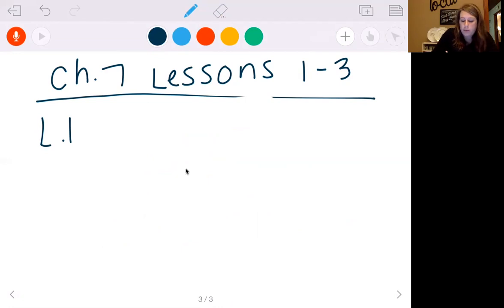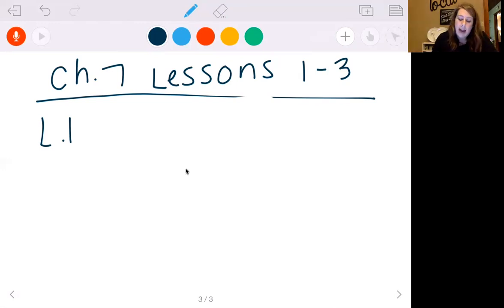9 times 3 equals blank. So blank divided by 3 equals 9. First, I'm going to solve 9 times 3 because I know what 9 times 3 is. It's going to be 27. So if I have a 9 here, a 9 here, a 3 here, and a 3 here, the only thing missing is this 27.